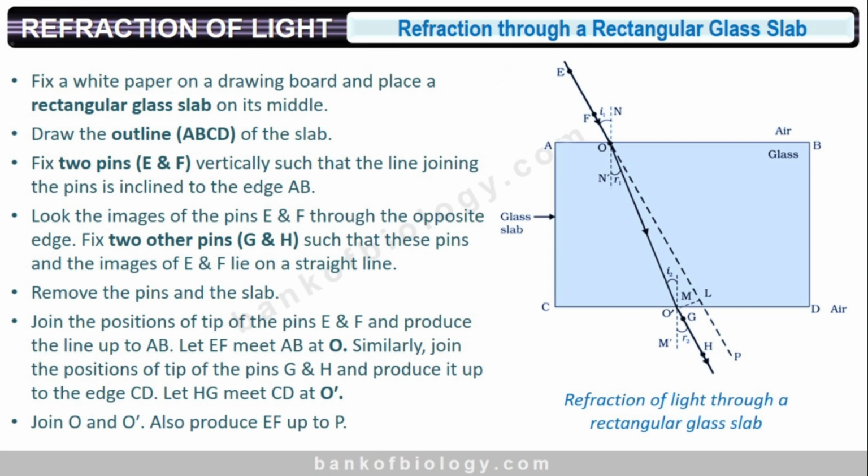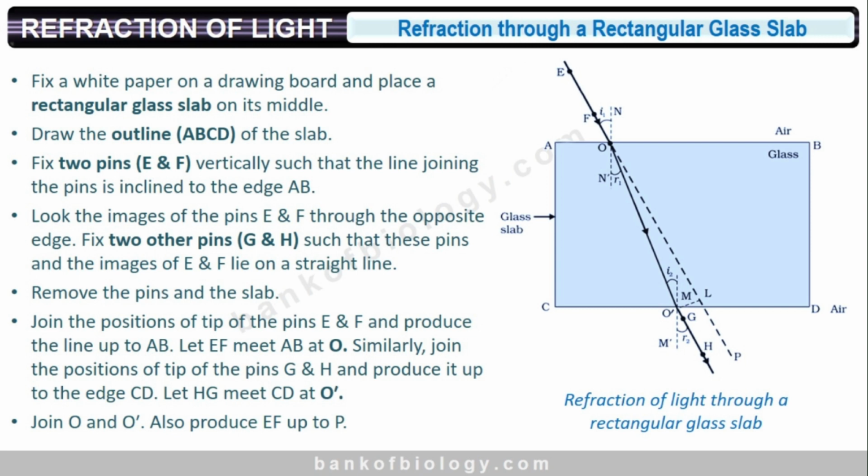Look at the images of the pins E and F through the opposite edge. Fix two other pins G and H such that these pins and the images of E and F lie on a straight line. Remove the pins and the slab.